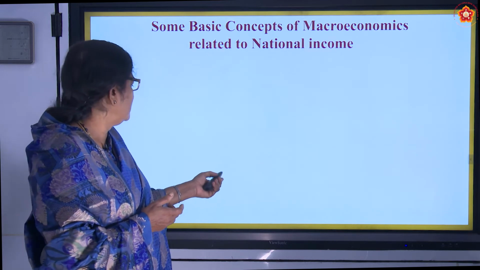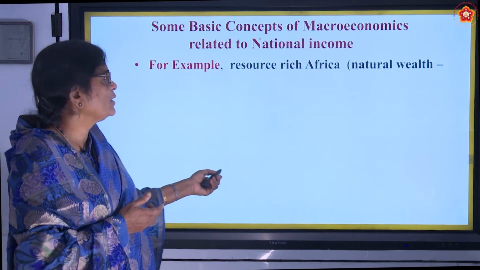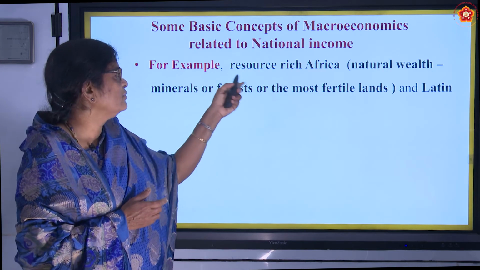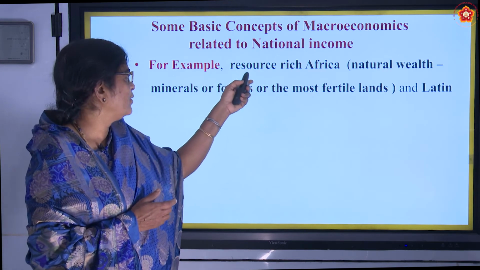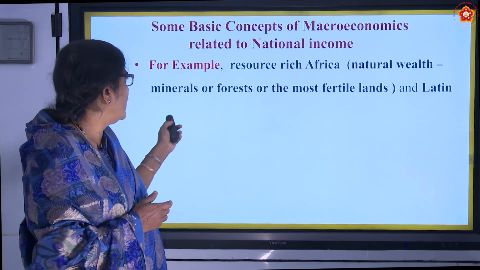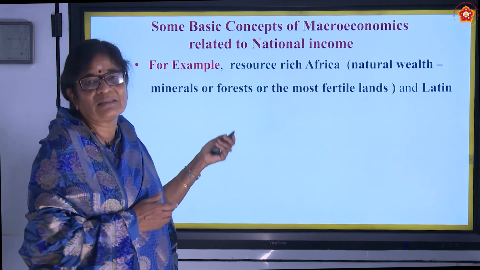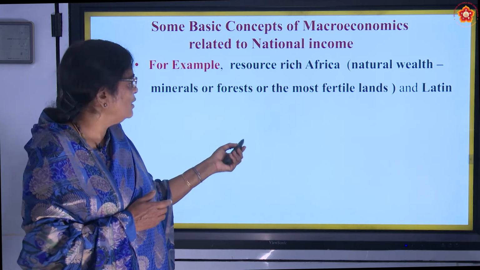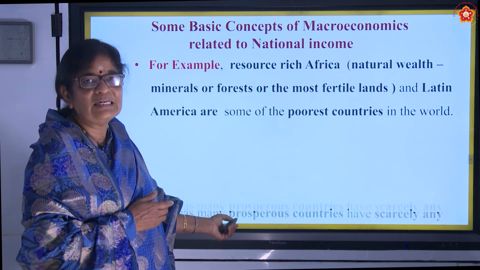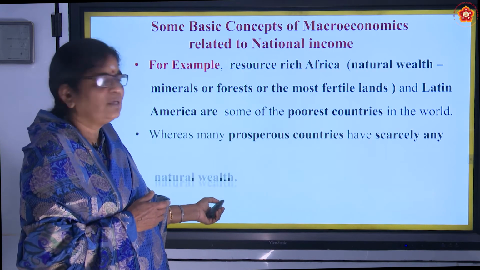And then the next section we are going to see, for example, this is what I explained to you. All the natural wealth is in rich Africa. Africa is rich in natural resources, forests, fertile lands, minerals, and water resources. And Latin America also. But these countries are still considered to be poor countries.